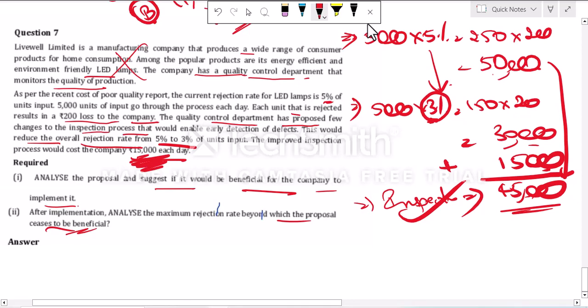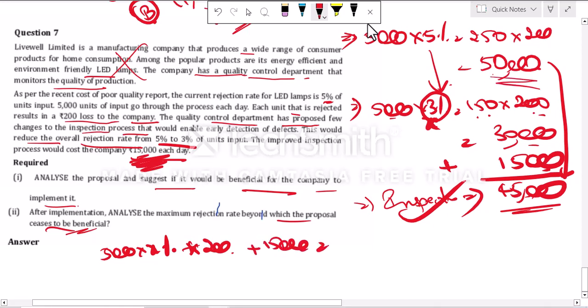So take X here. We don't know this. So 5,000 into X% into 200. That means, see here, 200 is there, no? If we multiply this, this will come. If we multiply that with 200 plus 15,000, how much maximum? 50,000.